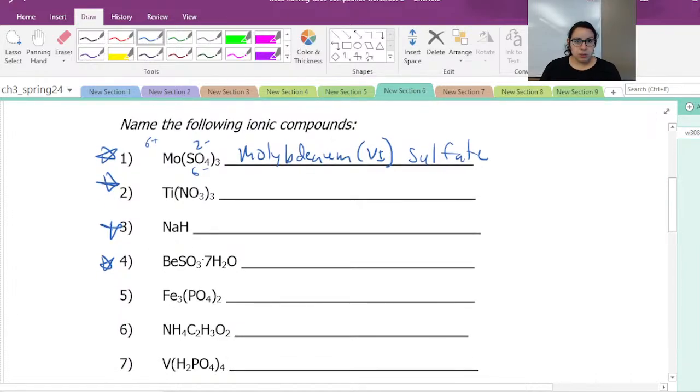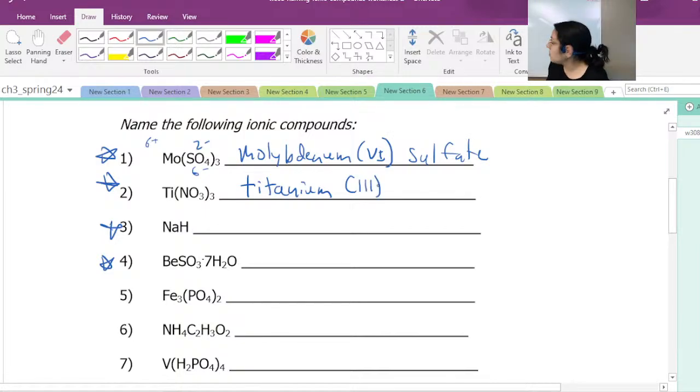What about 2? What do we get for this one? What is it, thallium nitrate? Try again. I like the 3. Yeah, you got the 3 though. So titanium.